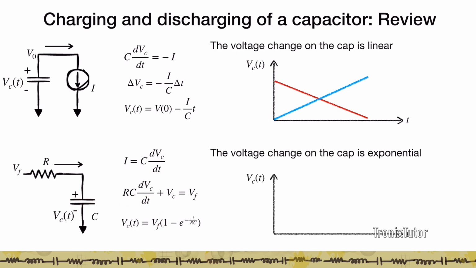If I plot voltage as a function of time, my voltage initially increases rapidly and eventually saturates to whatever the charge up voltage is. Similarly, if I'm discharging this capacitor through the resistor, the initial voltage drop is pretty significant and then it asymptotically comes down to zero.